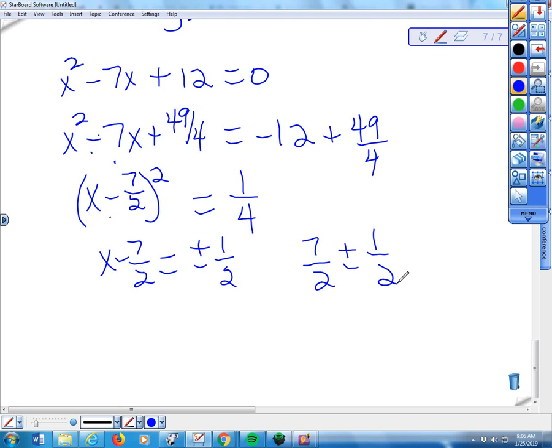Okay, so 7 plus 1 is 8 over 2 is 4. 7 minus 1 is 6 over 2 is 3. There are my answers. This is the same as 7 plus or minus 1 all over 2.